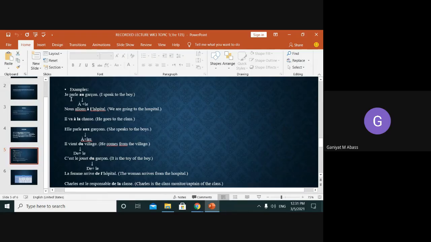Look at the sentence. Je parle au garçon. I speak to the boy. Now, can you see the arrow under AU? It shows you the combination of preposition and definite article that gave us this new preposition.